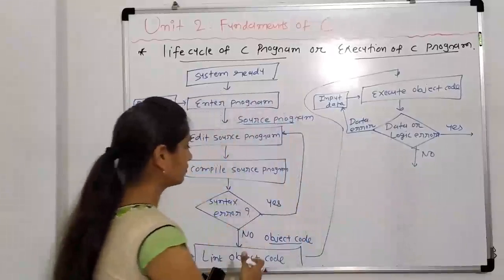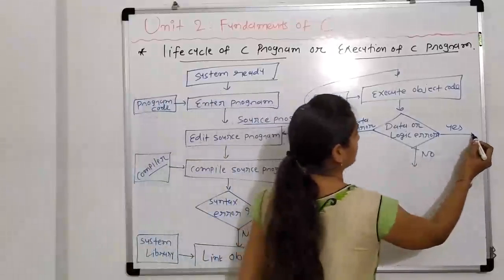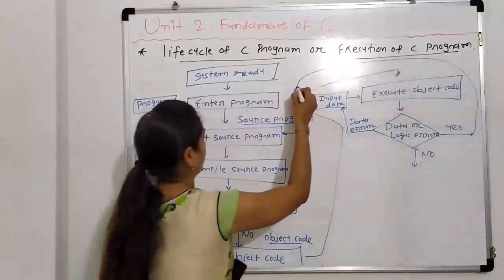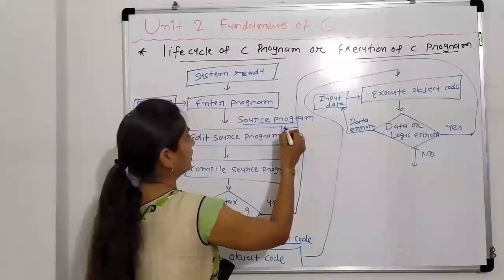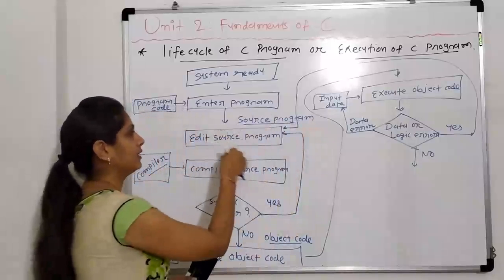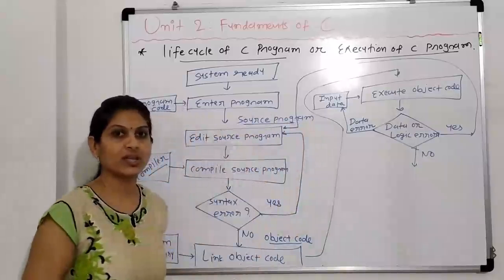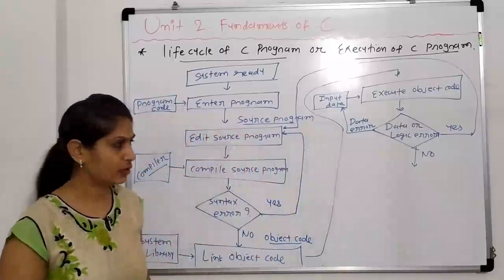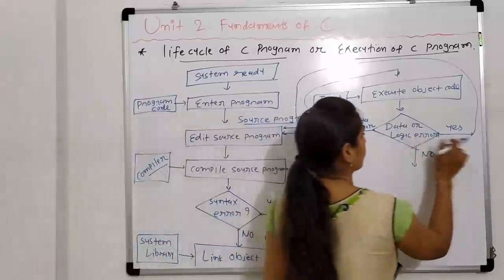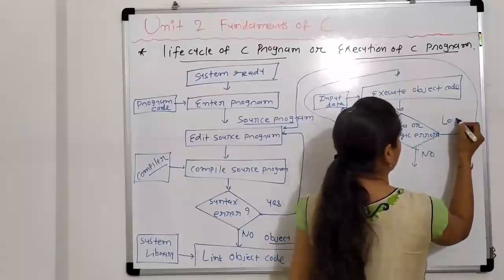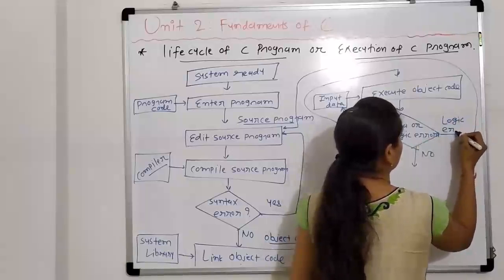So whenever there is a logic error, at which part do we have to go? You have to edit the program. You have to go to the edit part, and here you have to edit our coding, that is, change the formula. When do we have to go to this part? When there is a logic error.